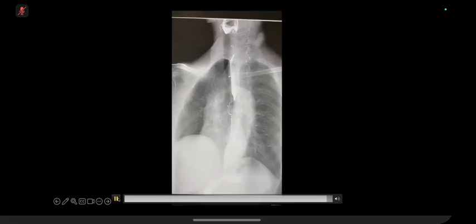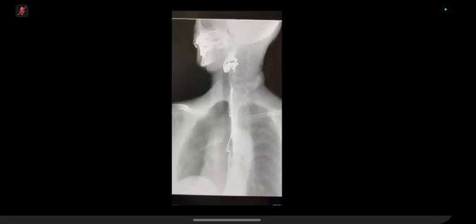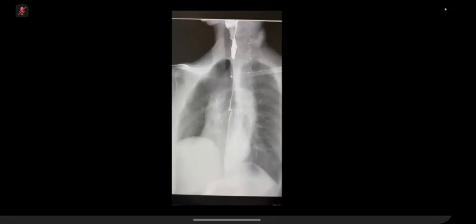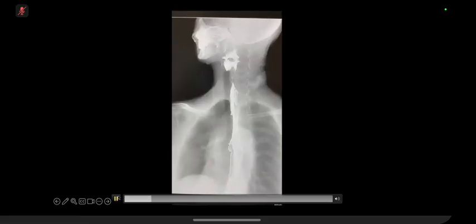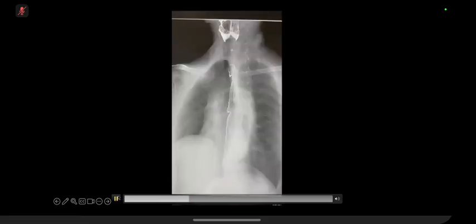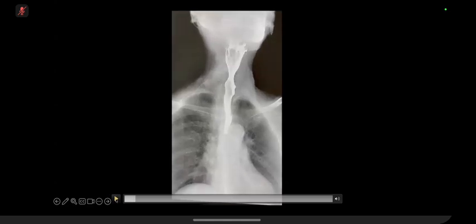There's a focal contour bulge in the esophagus in its middle third. This can be because of traction, tractional diverticula, or I would like to see any previous record, previous details of the patient, if there was similar bulge previously also.